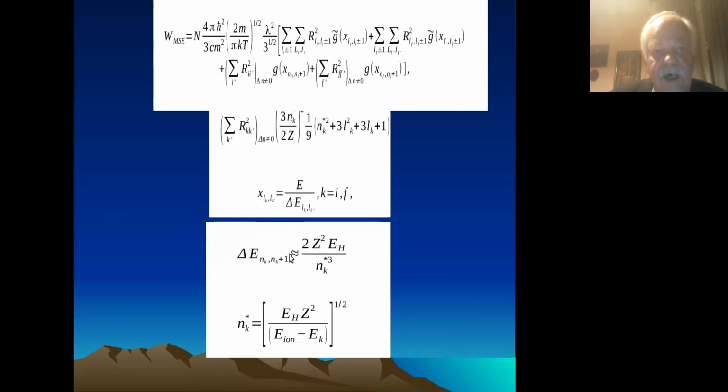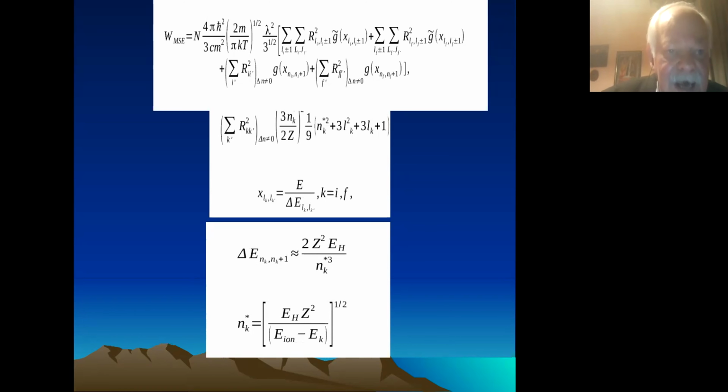So first of all, the accuracy is approximately the same as the accuracy of the semi-empirical formula, but it can be applied with a smaller set of data.